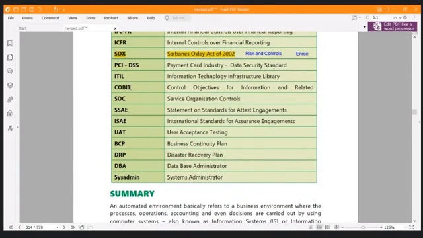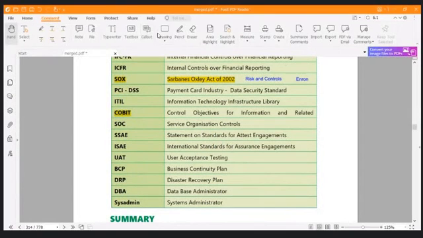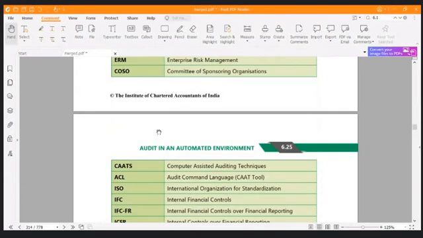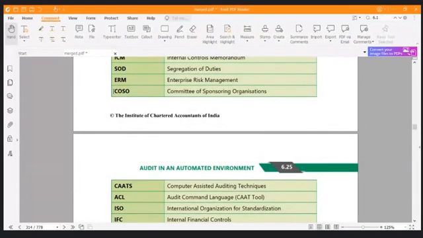Then you have COBIT, which is also devised by a specific organization called COSO. I think we have seen the definition. COSO, you can see it here, the Committee of Sponsoring Organizations.